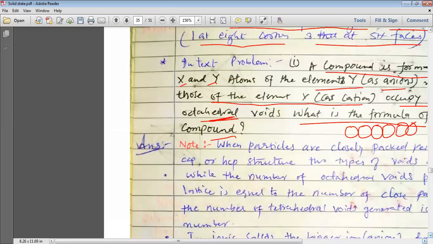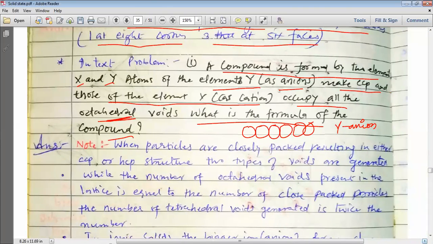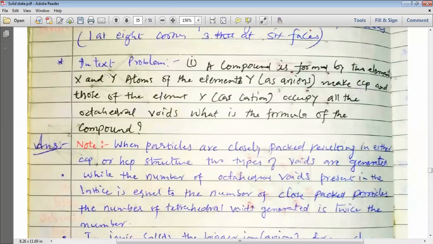A compound is formed by the elements X and Y. Atoms of element Y, which is an anion, make CCP.